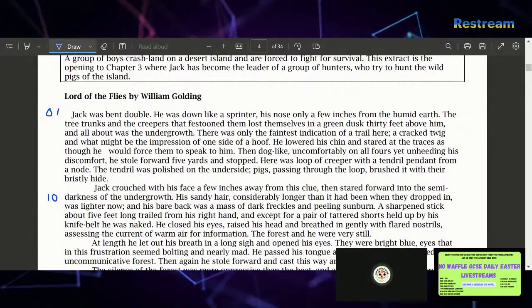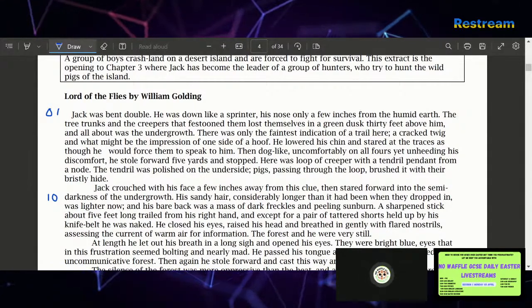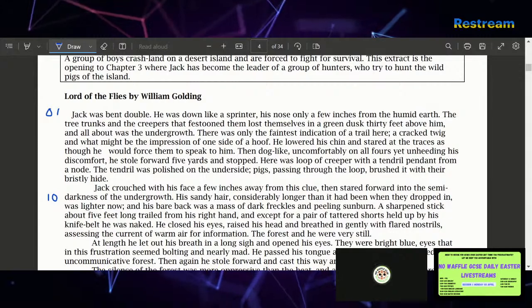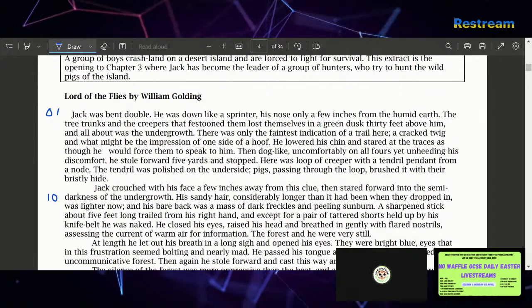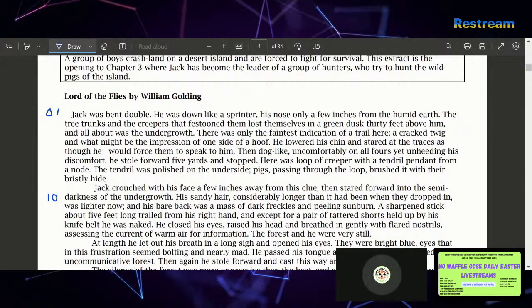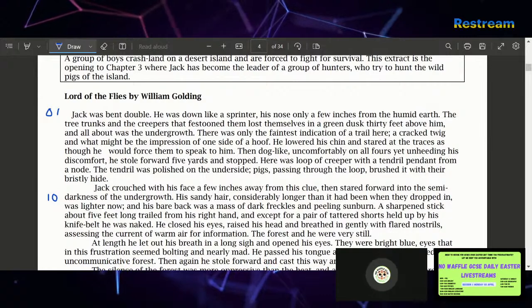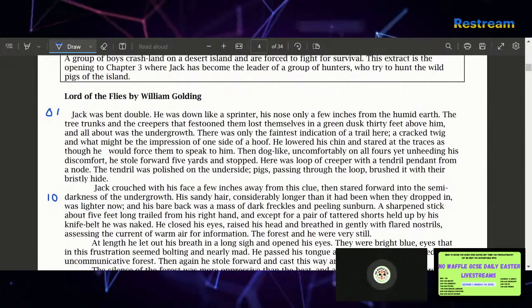It was light. So those are the 10 lines that we've been asked to read about. We've been asked to list 4 things about Jack. All you have to do is underline key bits that you see about him.